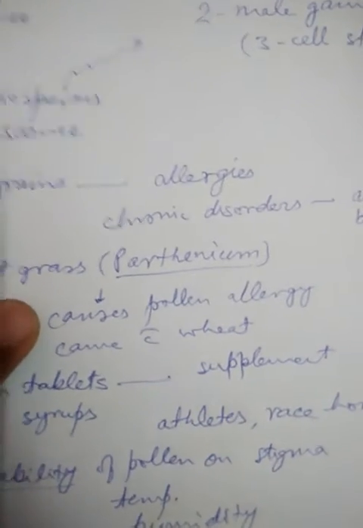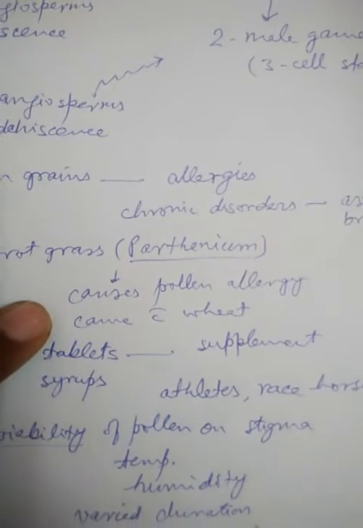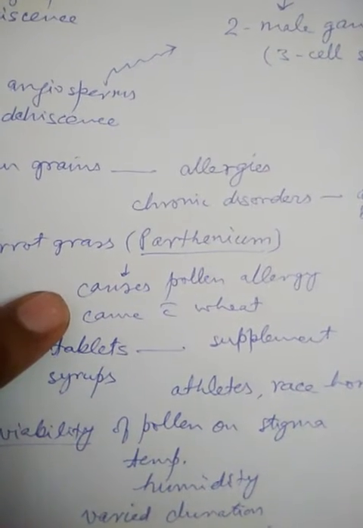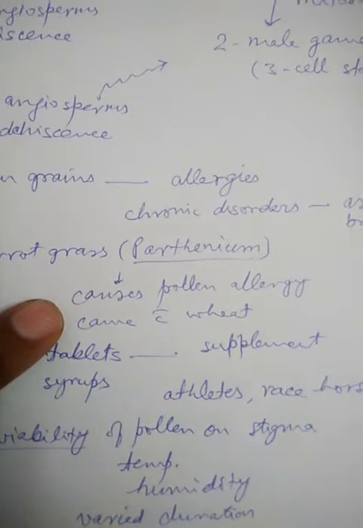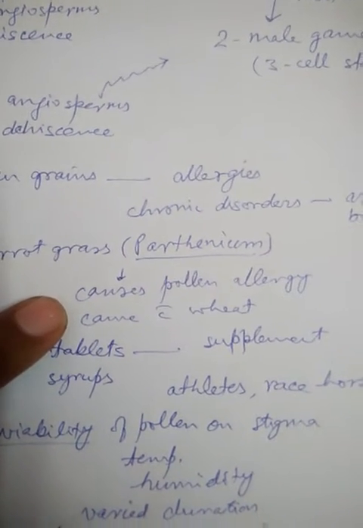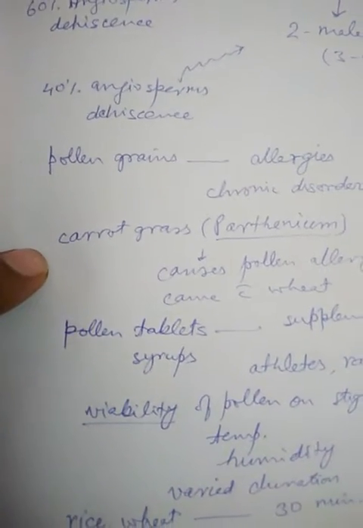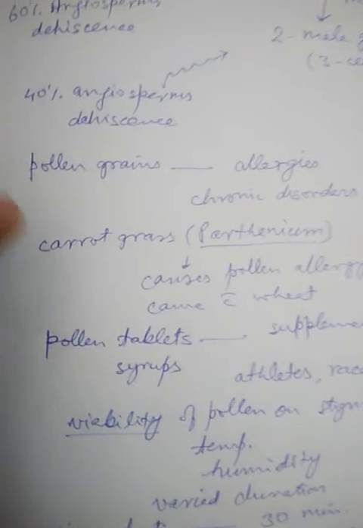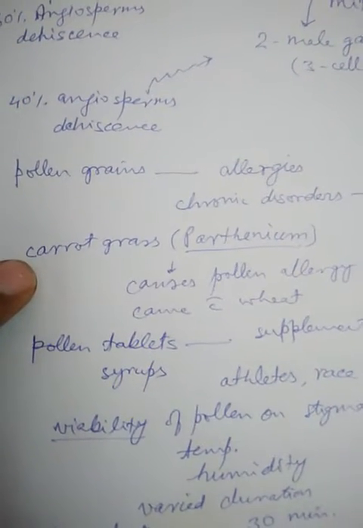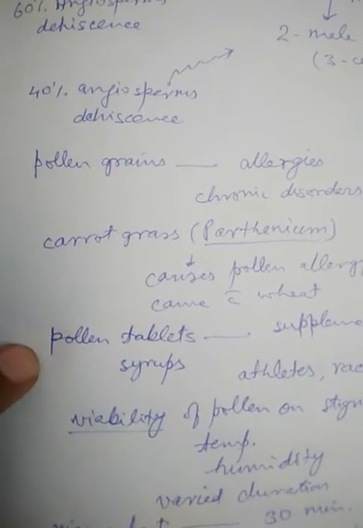So this carrot grass came along with the imported wheat, and this pollen of the Parthenium is very harmful to human health, and it causes pollen allergy in a lot of people, and this is a very notorious plant. So you should remember, this is very important, that Parthenium pollen is very allergic.